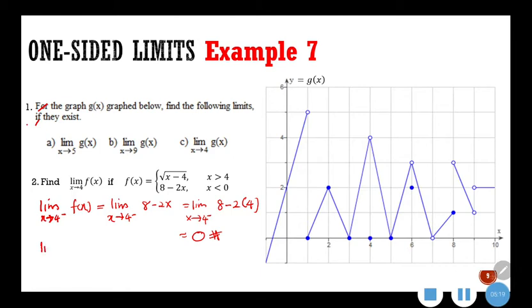Then next we need to check what the limit is for x approaching 4 from the right. As I said just now, 4 is here. This one is for x approaching 4 from the left, and this is x approaching 4 from the right. So what region is this? x more than 4, right?